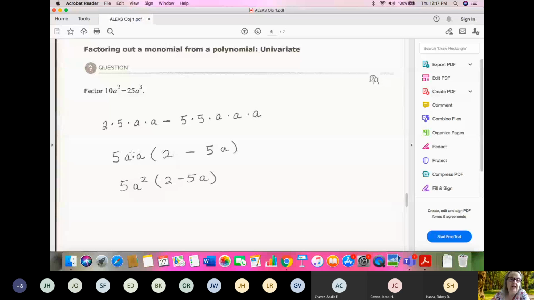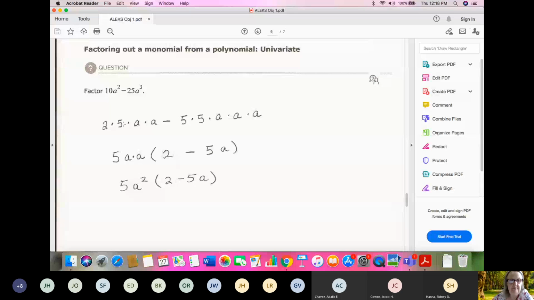There are 2 a's here and 3 a's here, so what's common to both are 2 a's. So we can factor 2 of the a's way out front and then put parentheses and look at what's left. So we factored the 5, a times a out front. That's right here, 5 times a times a. Let's cross that out. We're just left with the 2. That 2 goes right here.